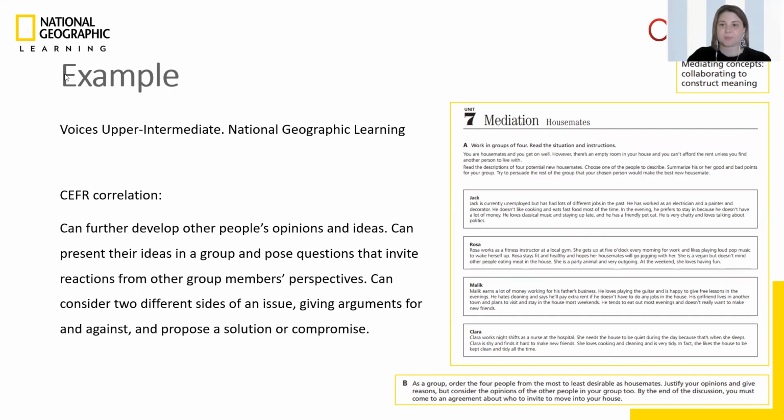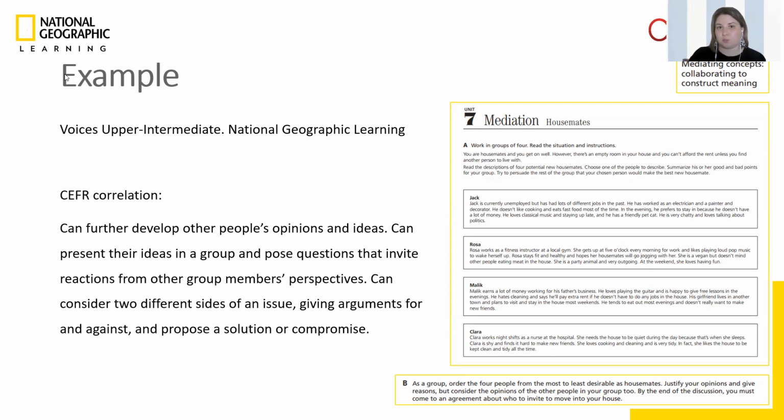Thank you, Olga, for your comment: great task for development of critical thinking. Yes, critical thinking and developing those hedging techniques, something that, culturally speaking, Russian people are not very good at. Hedging techniques means using very diplomatic language to talk about sensitive issues.